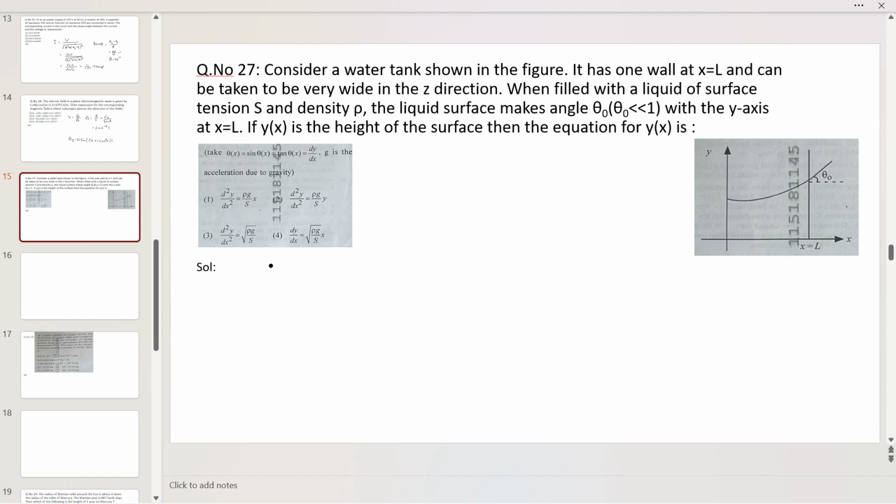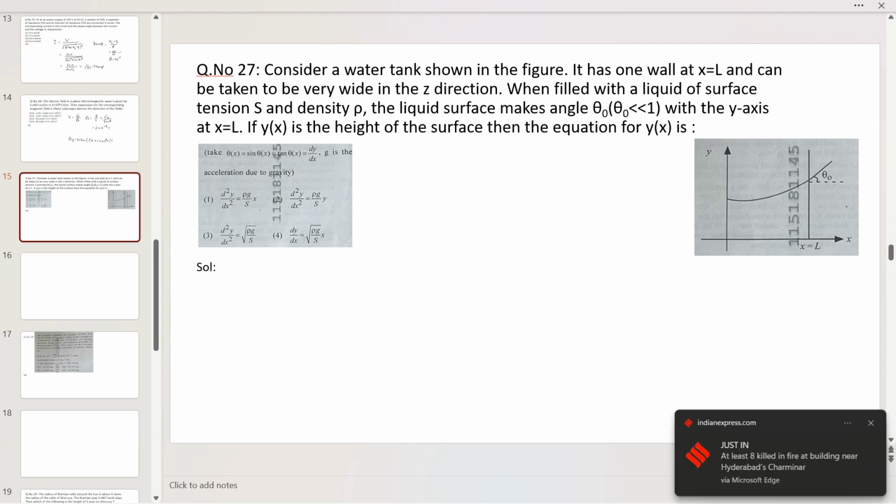I have selected this question because I have found that the answer is d2y by dx square equal to rho g by s into y. I have made a dimension analysis for this.